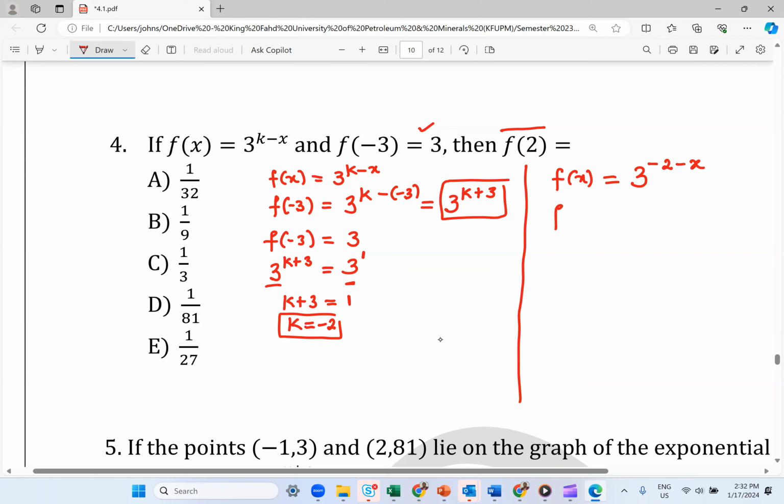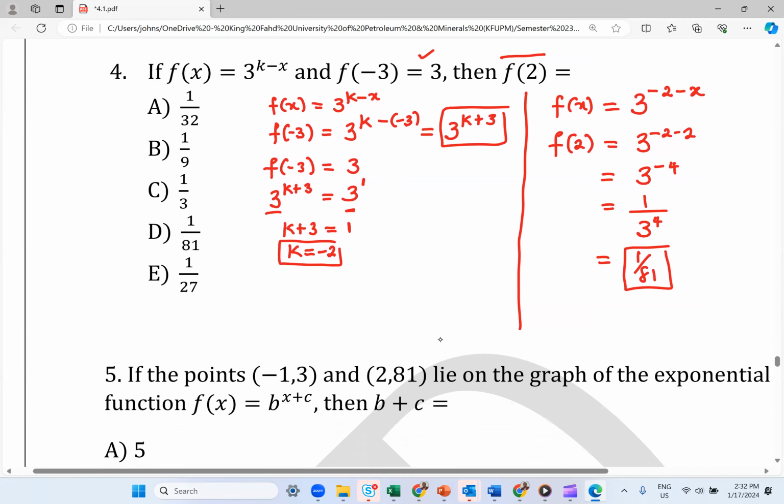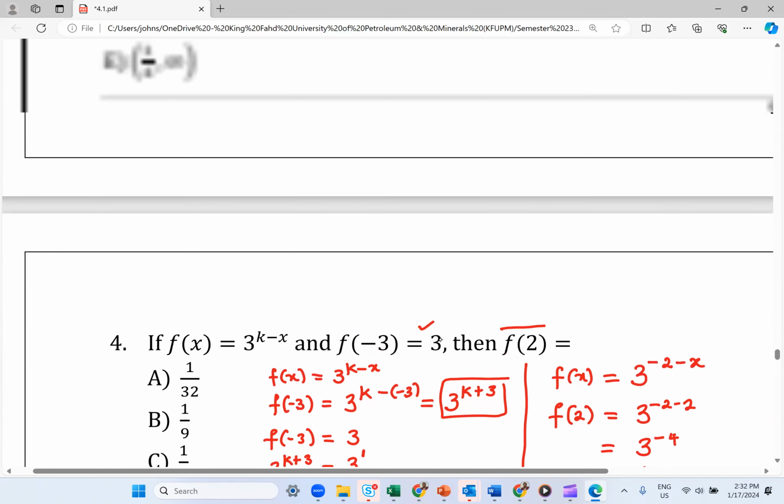So now we can find f of 2, which would just be 3 to power minus 2 minus 2. So this will be 3 to power minus 4, which is 1 over 3 to power 4, which is just 1 over 81. And this is the solution to exercise number 4.